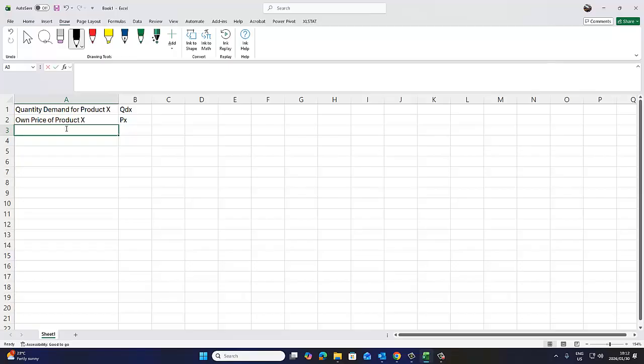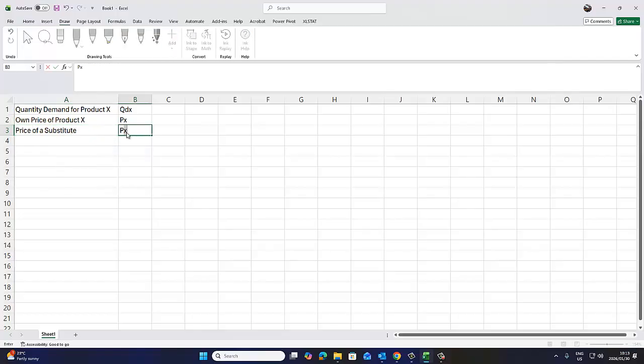So it's the price of a substitute. A substitute is what you can replace the product with. The classic example of a substitute is chicken and beef. If the price of beef increases, you'd rather buy chicken, and vice versa.